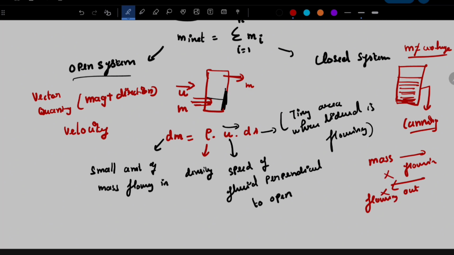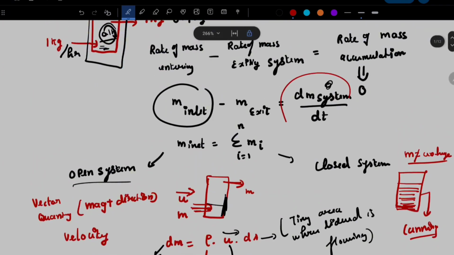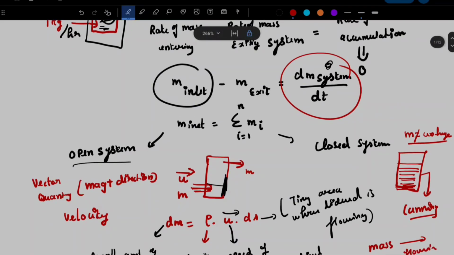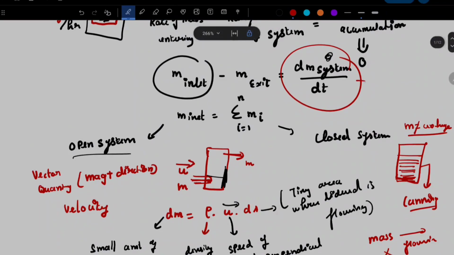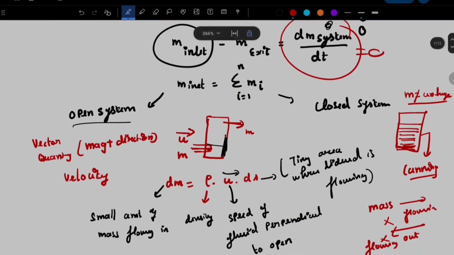This process is not happening. Here the mass is constant and does not vary with time. So this dm will not change, right? It will not deposit or accumulate. This value is 0 in the case of a closed system.